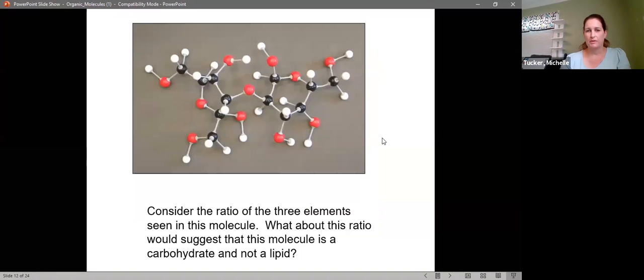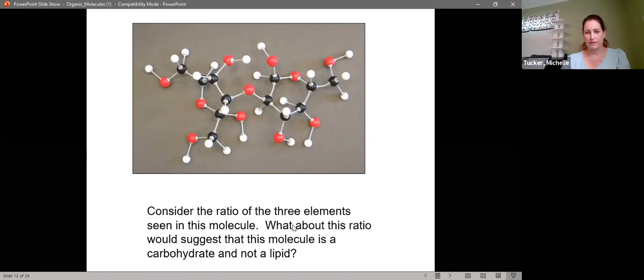You get to a model that looks like this, and we have a whole different ratio, right? Because we've got red, white, and black. So we know that this has to be something else.